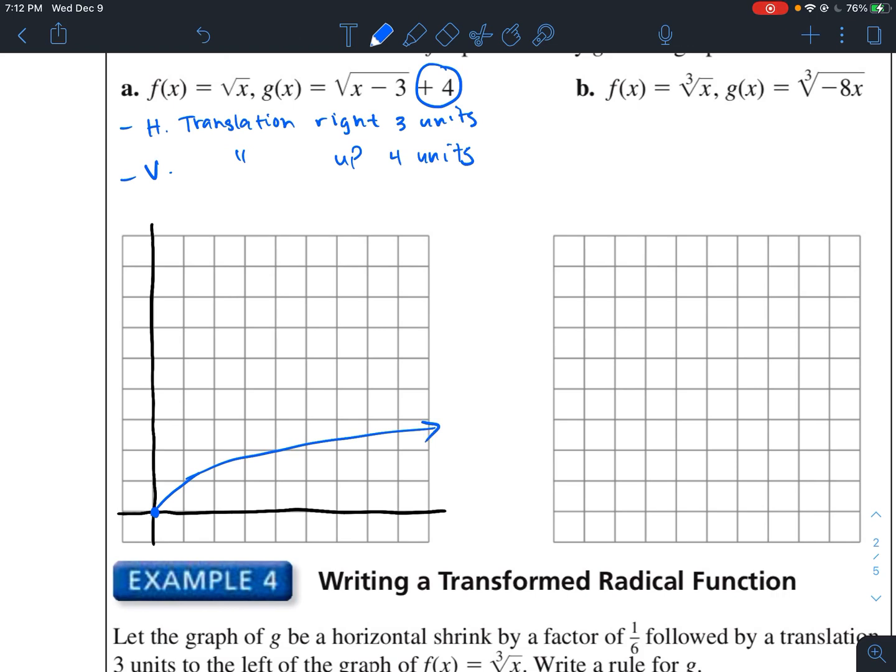Now the transformations we said was 3 to the right. So I'm going to move this point right here 3 to the right and then up 4. So there should be something like right here. As always, you can make a table of inputs and outputs in order to know where the graph goes after this.